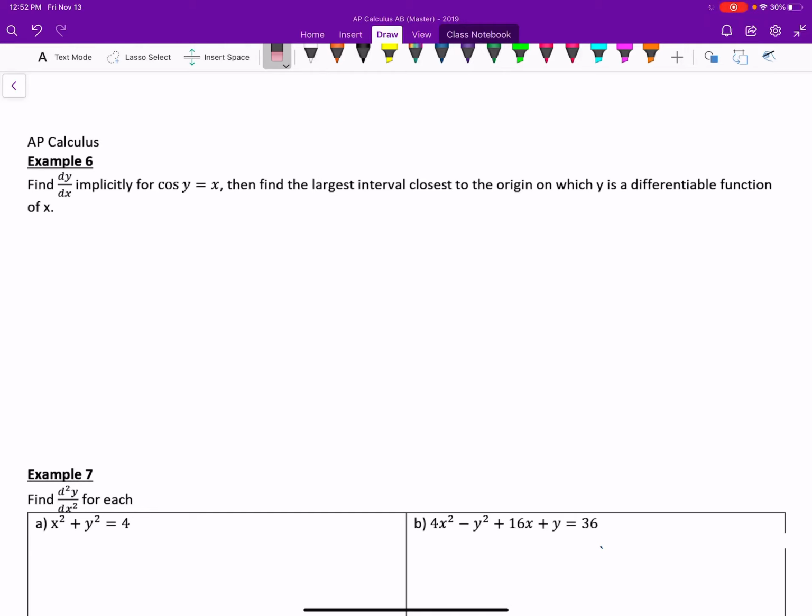Example 6 will come up later again, but just out of interest, if I have cosine y is equal to x, it's asking you to find the derivative implicitly and then find the largest interval closest to the origin for which y is differentiable. So we're going to take the derivative with respect to x on both sides.